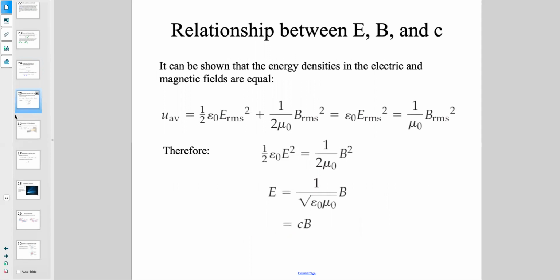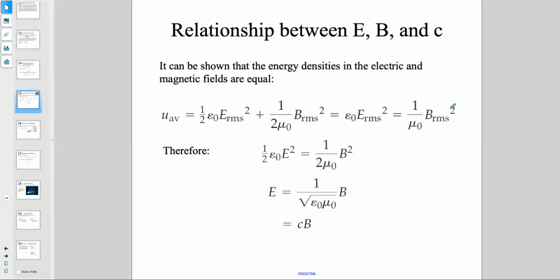It can be shown that the energy densities, or U, in the electric and magnetic fields are equal. So if we have U average of half of epsilon 0 E RMS, or root mean squared, to the power of 2, plus half of mu 0 B RMS, or root mean squared, to the power of 2, then this could be shown to be epsilon 0 E RMS to the power of 2, or 1 over mu 0 B RMS to the power of 2.